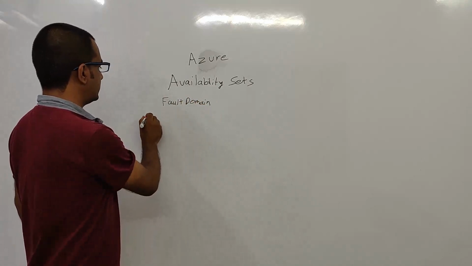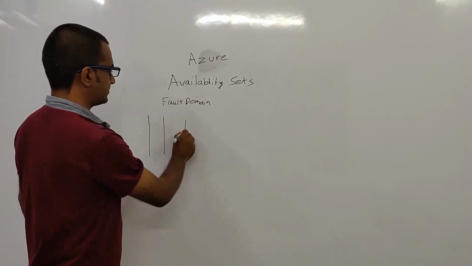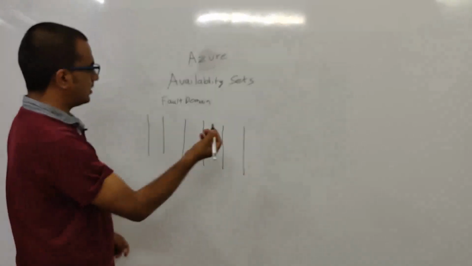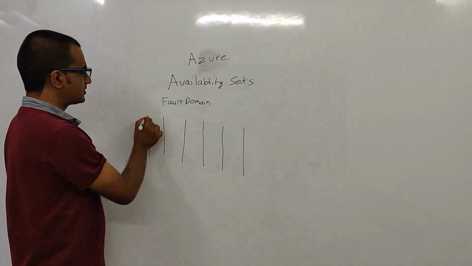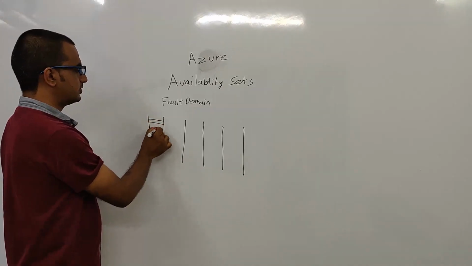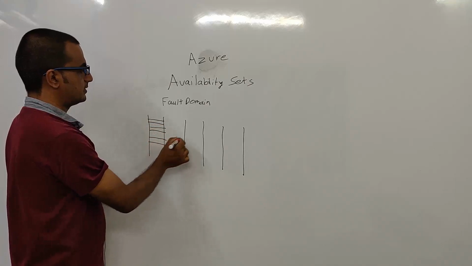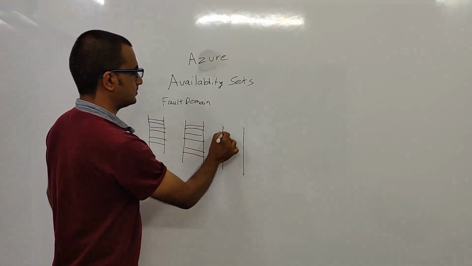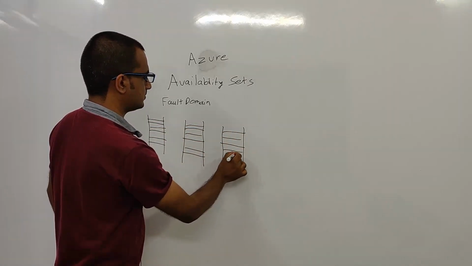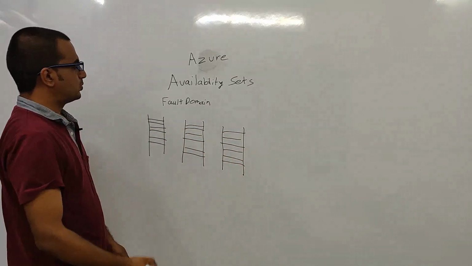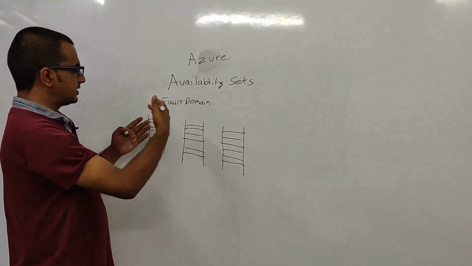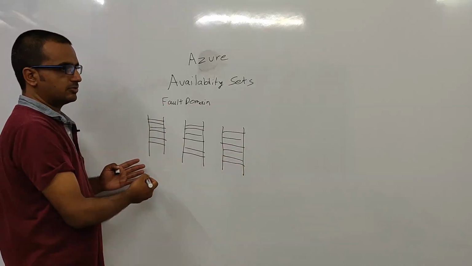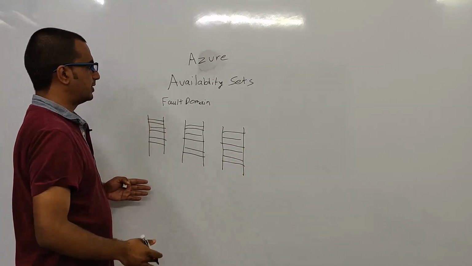Consider this data center. There are several racks. All the Hyper-V hosts sit on these racks. All the VMs deployed are deployed on these Hyper-V servers, which are on a particular rack.